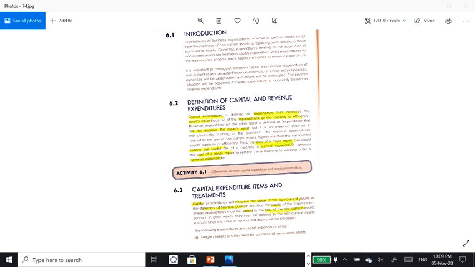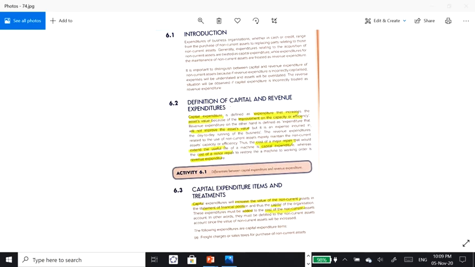Sekarang ni awak kena bezakan capital expenditure tu apa and revenue expenditure tu. So capital expenditure ni apa-apa sahaja yang akan increase the value of the asset dan juga dia akan extend the useful life of the asset. So kita akan klasifikasikan expenses tu sebagai capital expenditure.